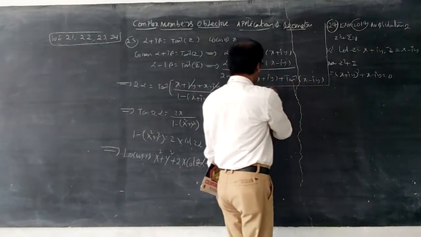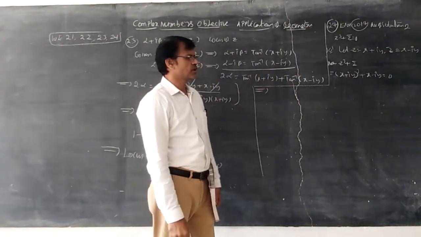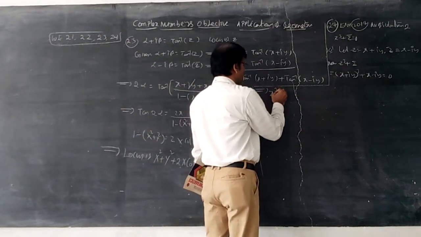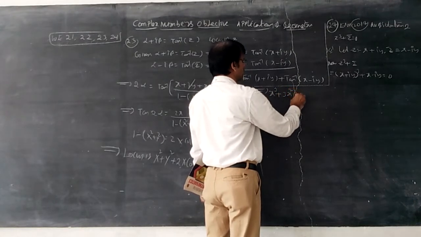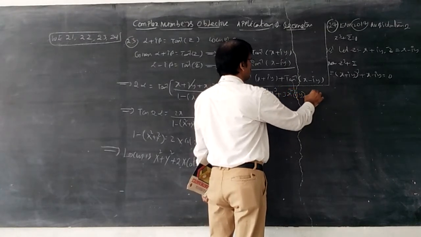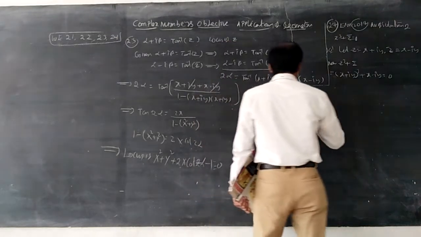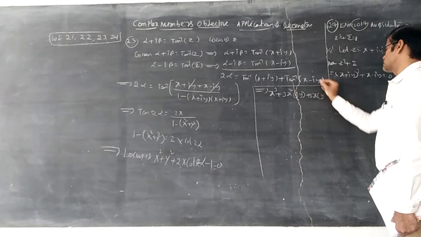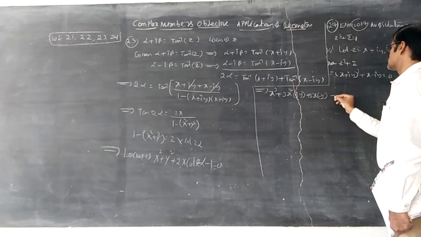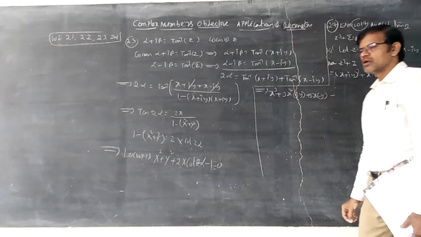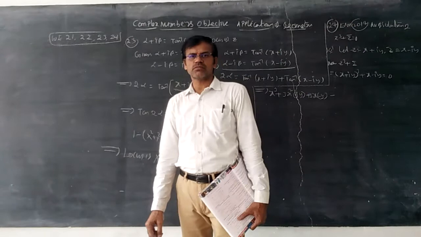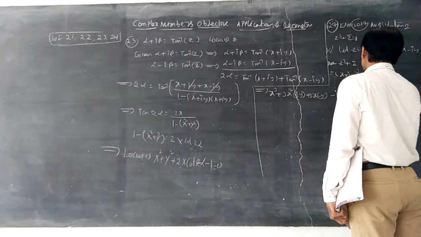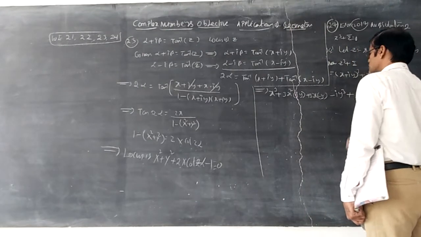Using the formula (a plus b) whole cube equals a cube plus 3a square b plus 3ab square plus b cube, we get x cube plus 3x square into iy plus 3x into i square y square plus i cube y cube, where i square is minus 1 and i cube is minus i, plus x minus iy is equal to 0.